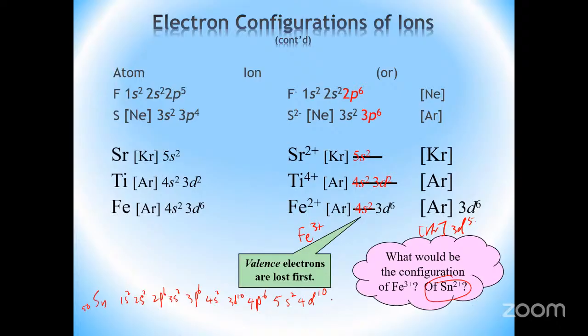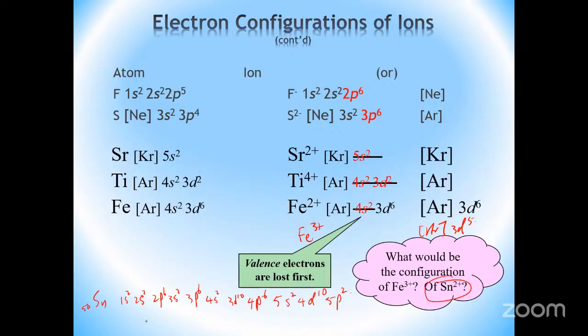And then what comes after 4d? I think it's 5p, right? 5p. Yeah, okay. So just to make sure the electron count is up to date, we have 10, 10, 10, so that's 36, 38, 48, so 50 would be 2 electrons in the 5p sublevel.